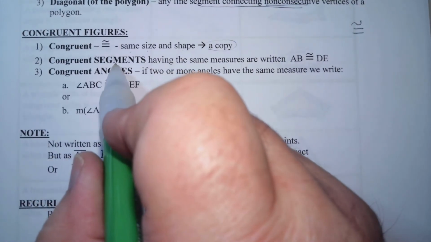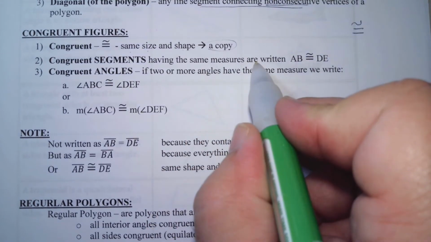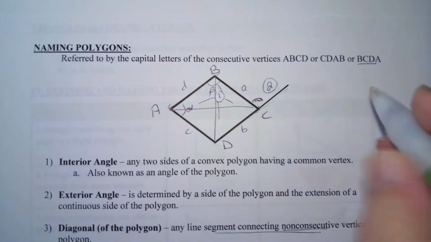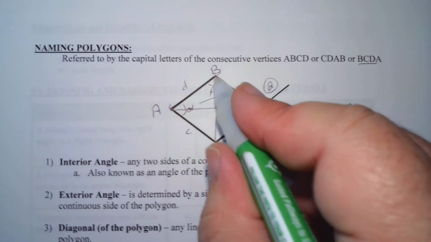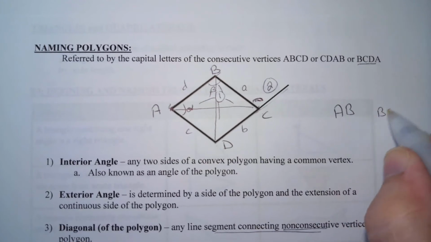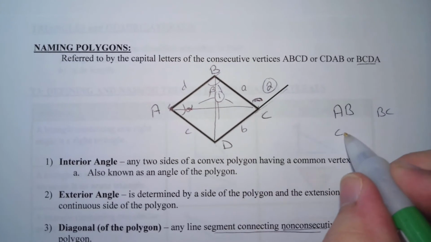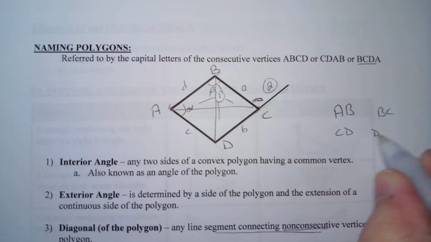Congruent segments have the same measure. Remember, the segment here is AB, that's between AB, or BC, or CD, or DA.